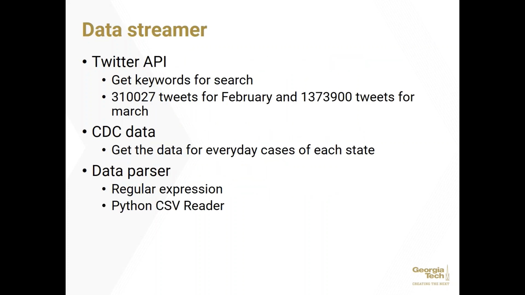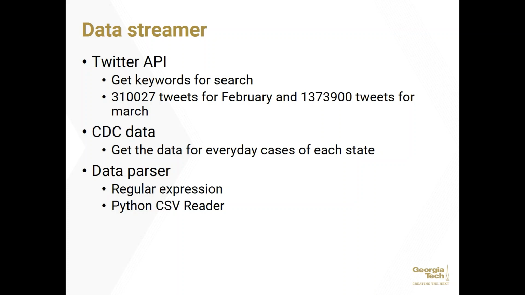For the data streamer, we use the Twitter API to get our data for the probabilistic source. The first thing we need to do is to generate keywords for the tweet search. Thanks to our great TA, we get 31,000 tweets for February and 137,000 tweets for March.